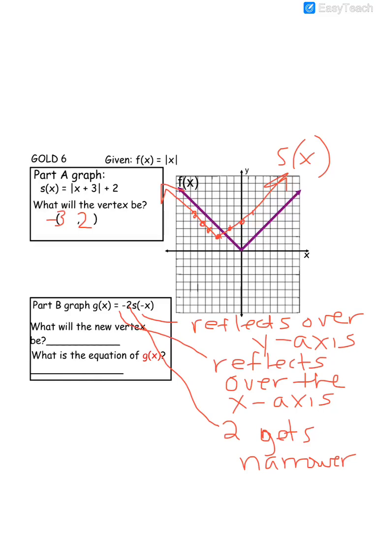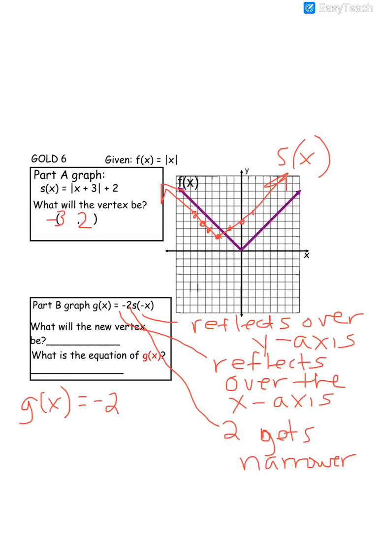So I think the best thing for us to do is to write the equation first, and then we'll go back and talk about what the vertex is and then how to graph it. Okay, so if I'm going to write this equation, g of x equals. I'm going to put the -2 in the front.